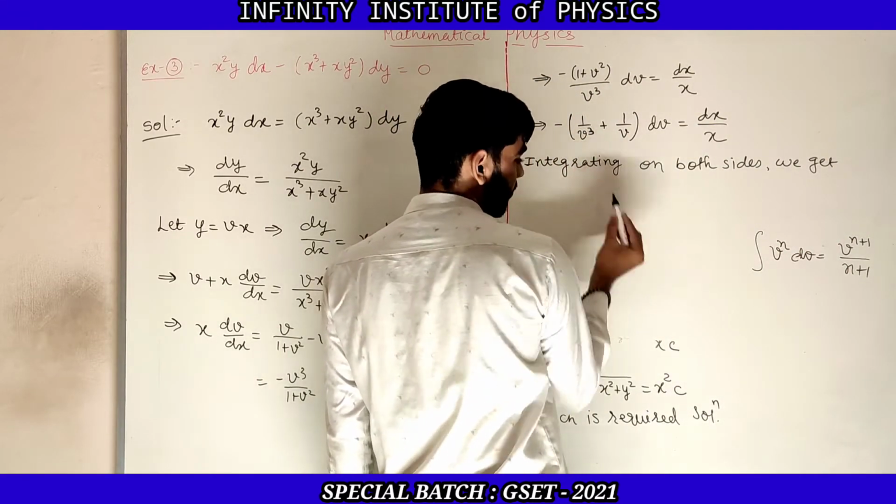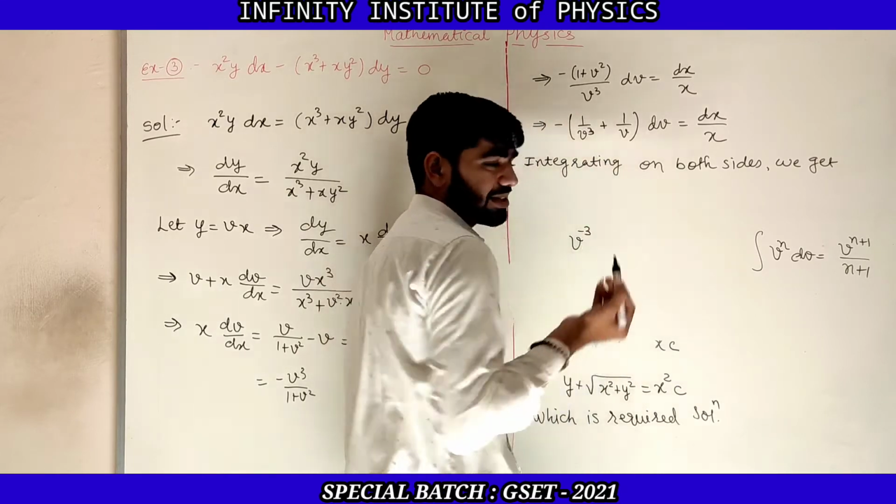Now here we have 1 upon v cube, and v cube can be written as v raised to minus 3 power.